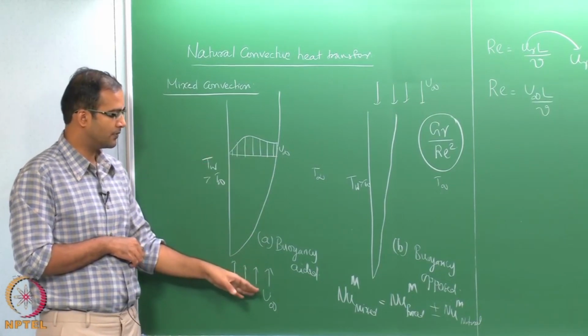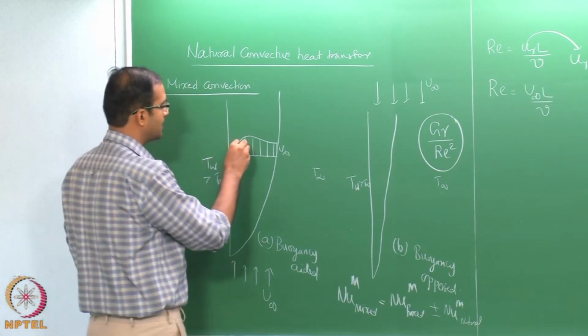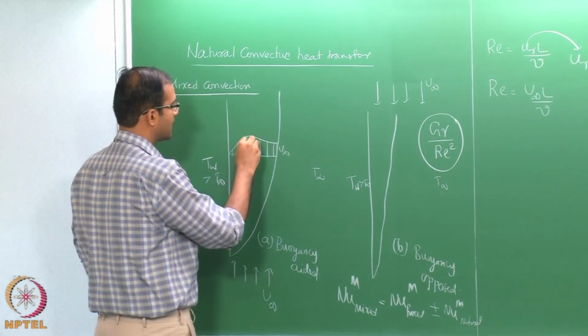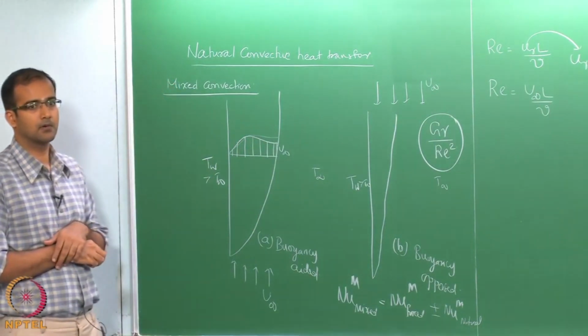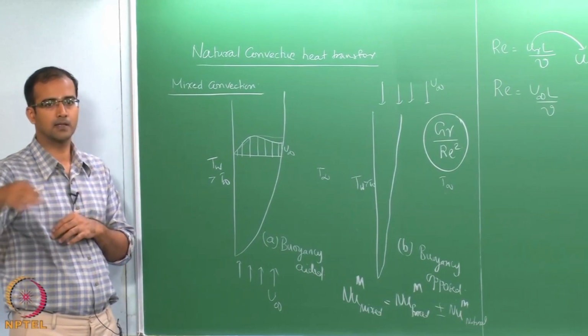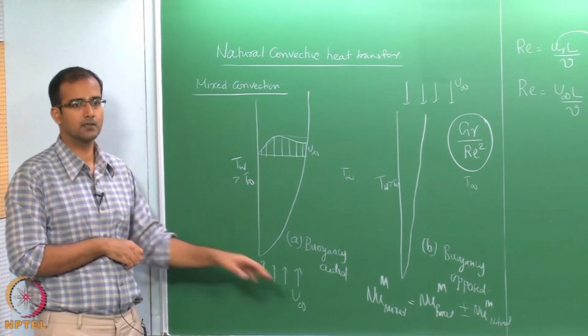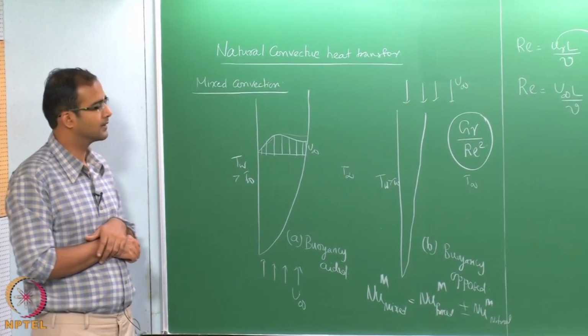If your u infinity is considerably large, you can actually end up with a gradual profile, which will approach your conventional boundary layer velocity profile, okay, without going through the maxima and then approaching u infinity. It depends on the strength of the forced convection in this case.